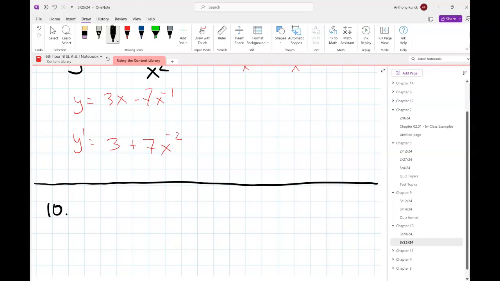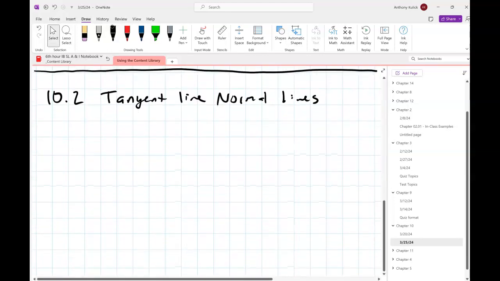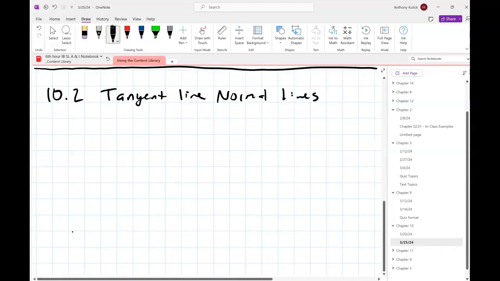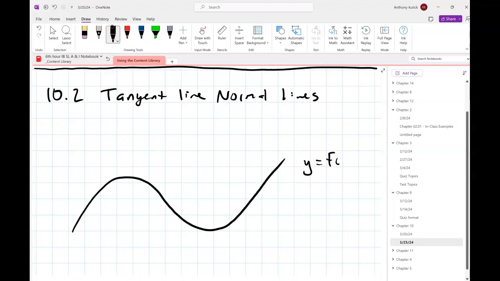Today we're going to talk about writing tangent lines and normal lines. So the idea here, say we have some curve y equals f of x, and say we have some point here on the curve, x, y.